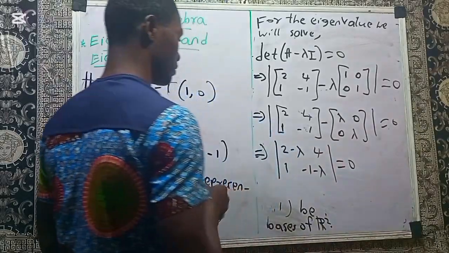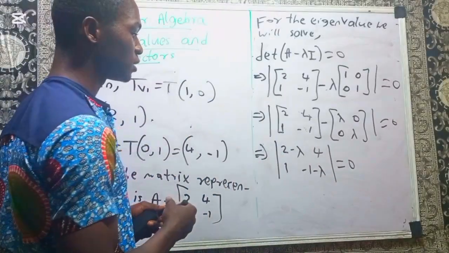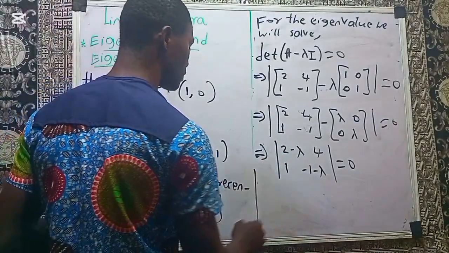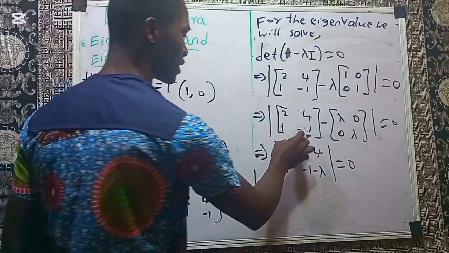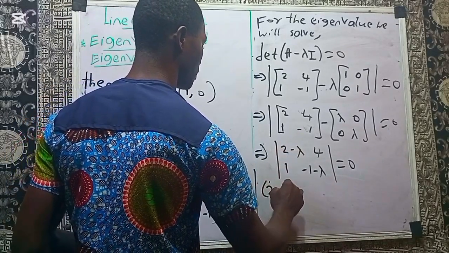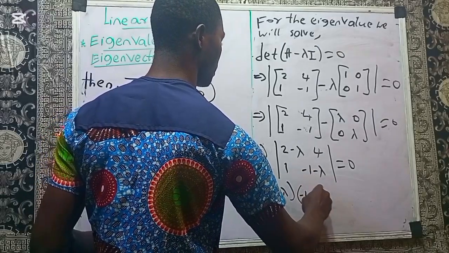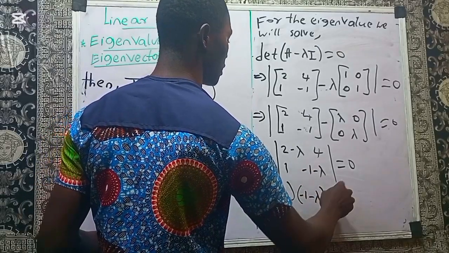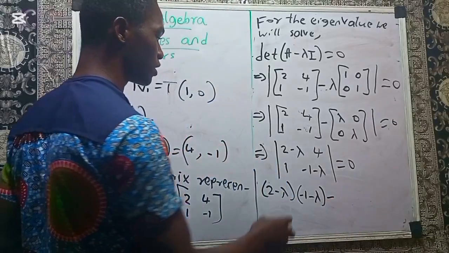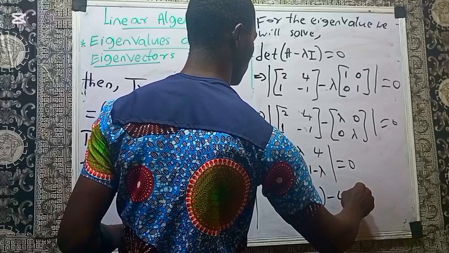Determinant equated to 0. So we have a 2 by 2 matrix. We want to find the determinant of it. So what you do, you multiply the entries of the principal diagonal. That's 2 minus lambda multiplying negative 1 minus lambda. Then you subtract the product of the other diagonal. That's 4 multiplied by 1, which is 4.